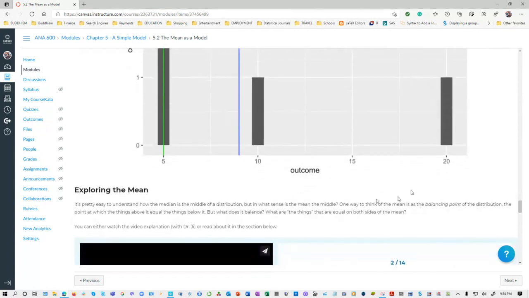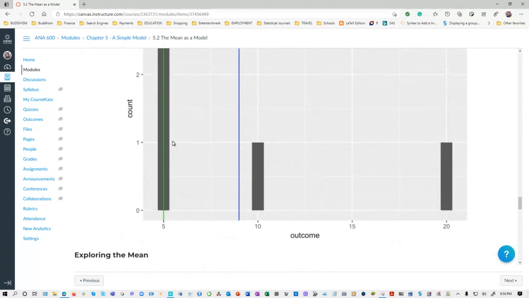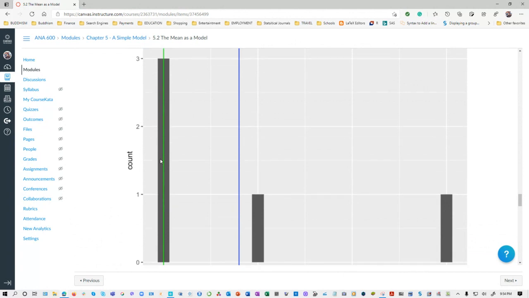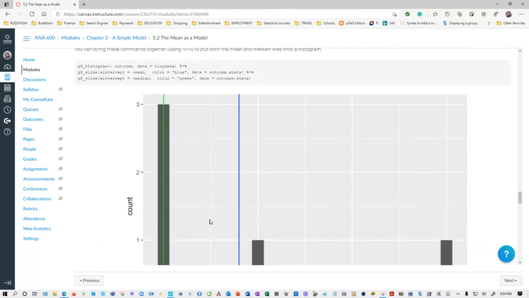These 2 are balanced by these 2. The extra one has to be there because it is at that point. If it is at the median, this 5 has to be there. The other 2 5s, I'm going to go by the count. Below the median or on the median, you have 2 values.